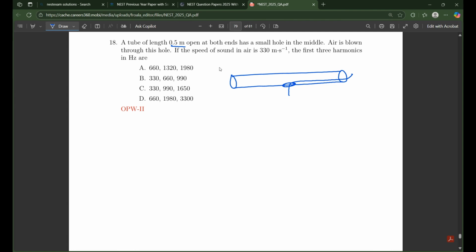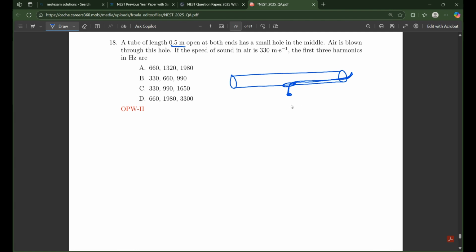Let's say all the sound goes to this end. Just assuming this case, it will also go through the left side as well, but assuming through the right side only, since both sides are open here.